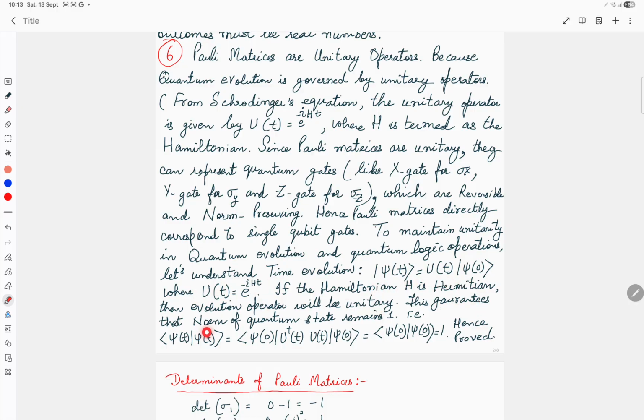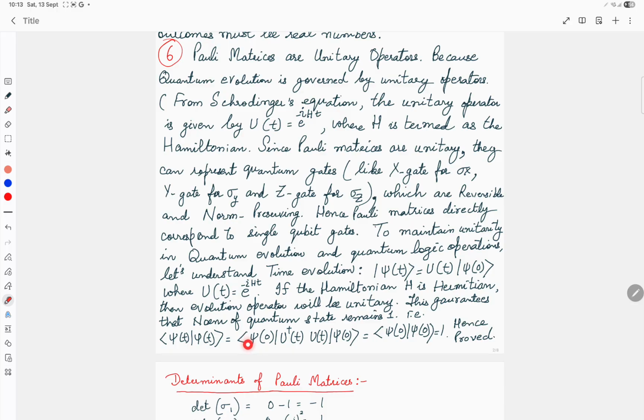This guarantees the norm of the quantum state remains 1. We can prove this also if we take the inner product of the resultant quantum state, the inner product of psi t by itself. Then we can replace ket psi t with U(t) ket psi 0, since the first part is the bra part.